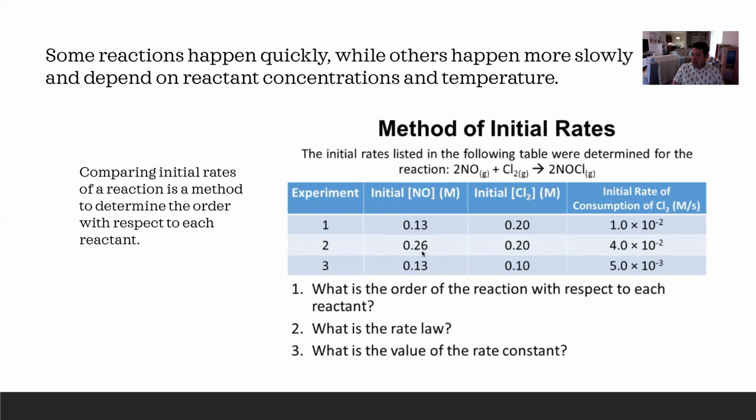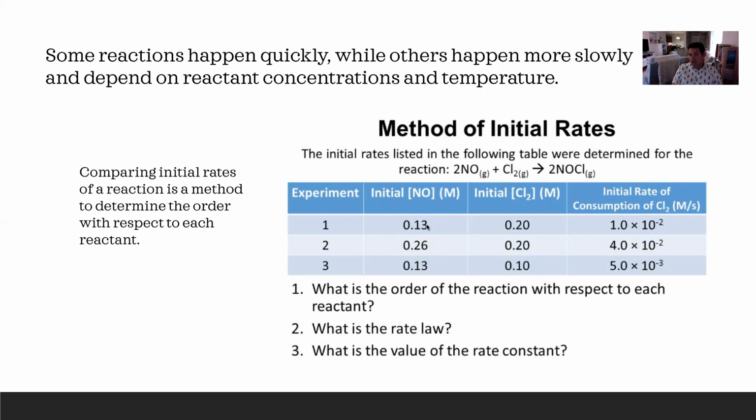Doubling the NO caused the rate to quadruple. So what we want to think is, what power does 2 have to get raised to equal 4? If this was a first order reaction, doubling the concentration would double the rate. This is a second order reaction with respect to NO, because doubling the concentration quadrupled the rate.